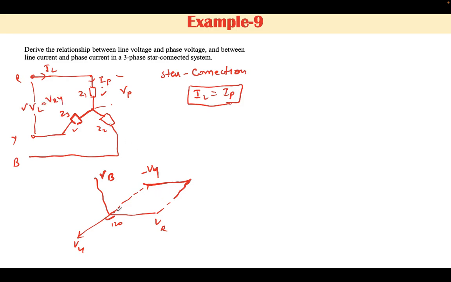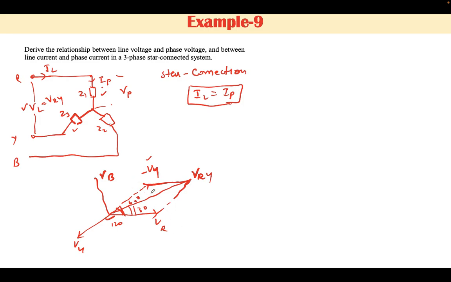This voltage is Vry, and although this total angle was 60 degrees, this angle is now 30 degrees. The total angle is 60 degrees. Here this is the vector for Vr, this is the vector for Vy. Applying the parallelogram law of forces, we can find out the phasor sum of these two quantities.